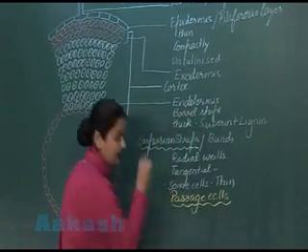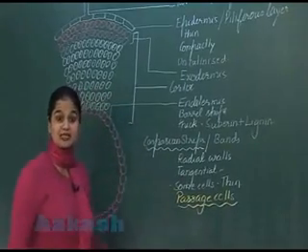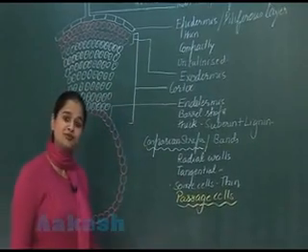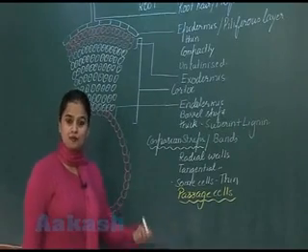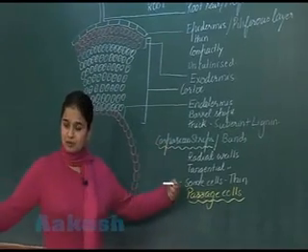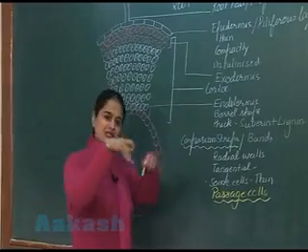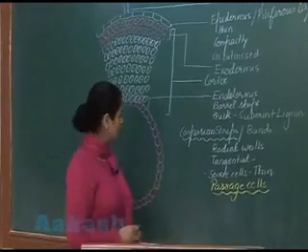As the name suggests, passage cells are involved in the transport of compounds. They are involved in the transport of water from the outer part of the root towards the inner part.